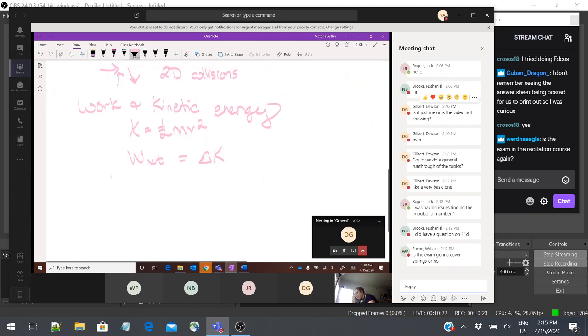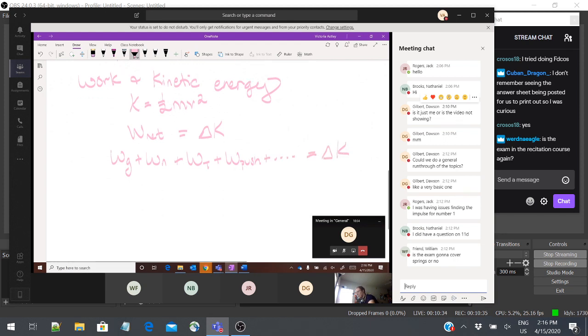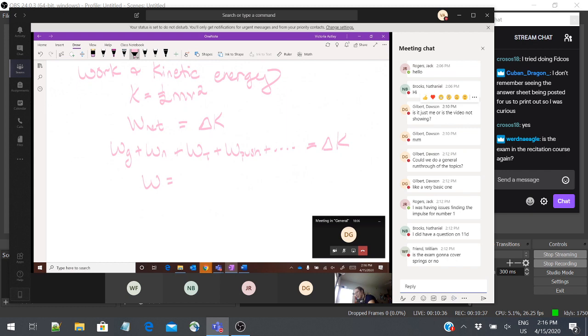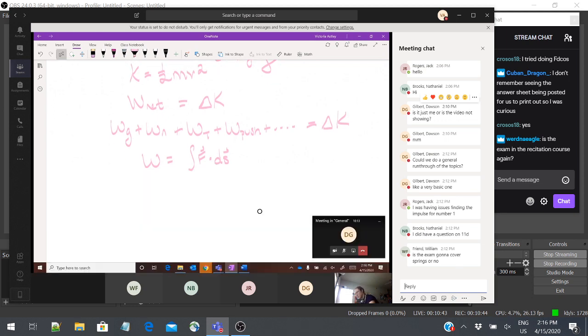So this would be work done by gravity plus work done by normal plus work done by, I don't know, tension, work done by a push, whatever your works are in your question, equals delta K. And the long answer for work is it's the path length integral. The simple version is that it's F delta R cosine theta, or you might see it as a dot product. Dot products are included on the test. Okay.